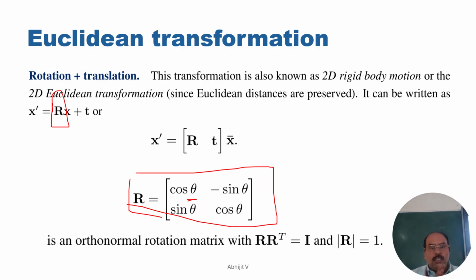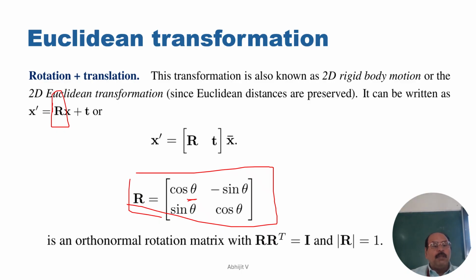Euclidean transformation is also known as rigid body motion or 2D Euclidean. That means rotation plus translation.